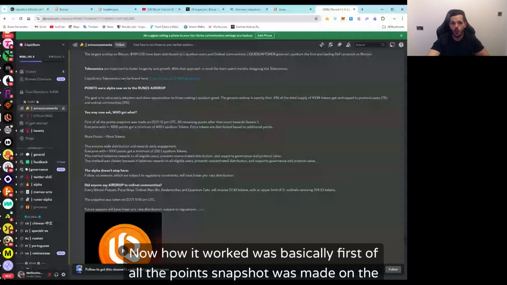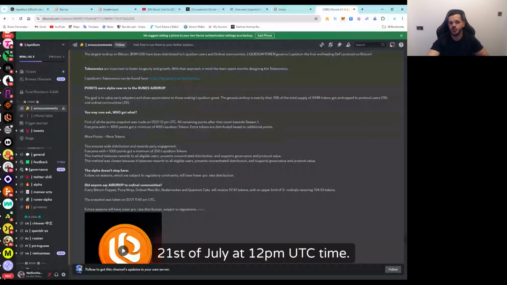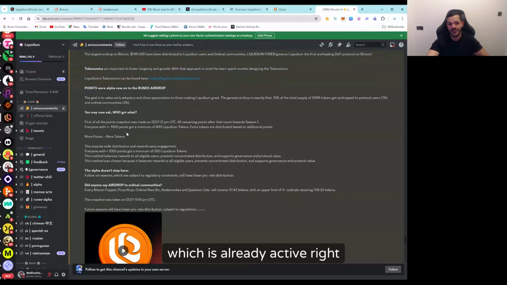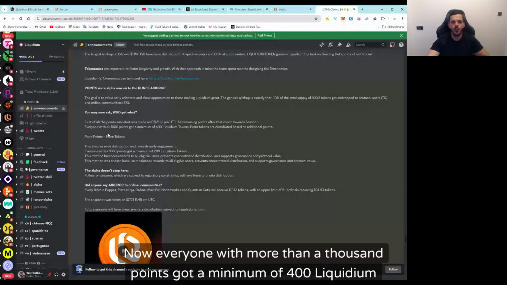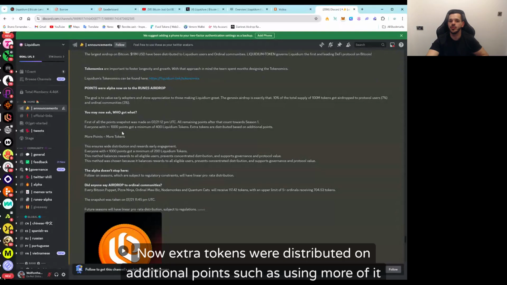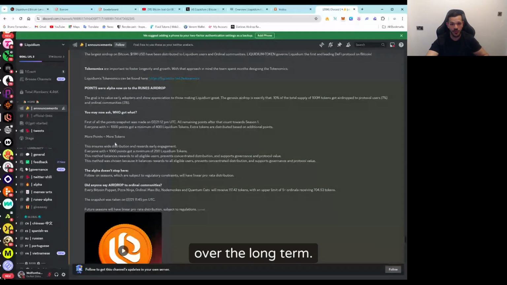Now, how it worked was, first of all, the points snapshot was made on the 21st of July at 12 p.m. UTC time. All the remaining points after that will automatically go into season 1, which is already active right now. Everyone with more than 1,000 points got a minimum of 400 Liquidium tokens.